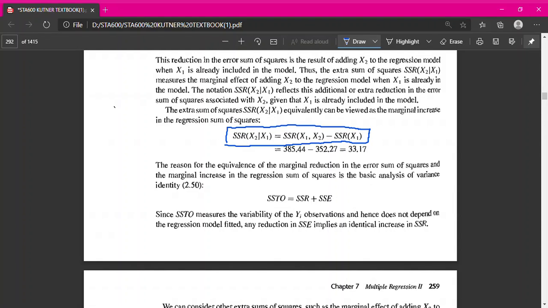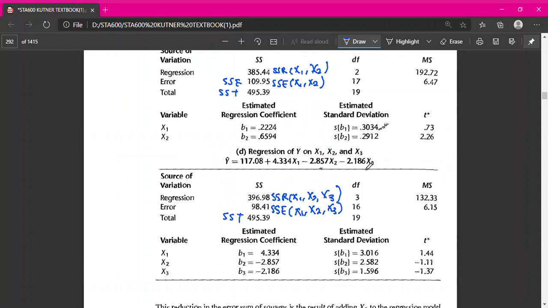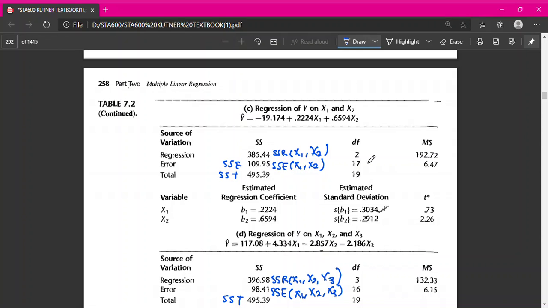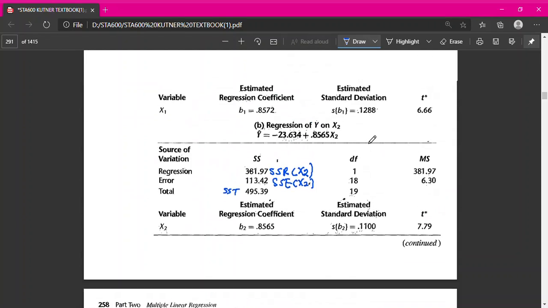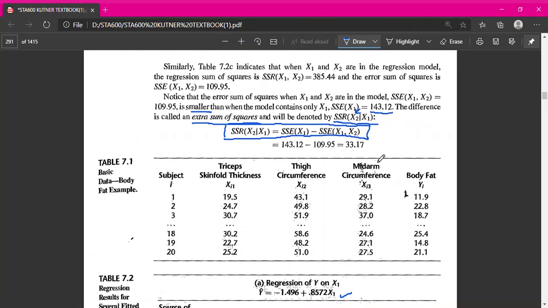Okay, kalau gunakan SSR, SSR X1 X2 minus SSR X1. Okay. Alright. So, you akan dapat jawapan yang sama. Kalau tengok dekat page ni, kan? This one tadi dengan this one. Okay, the answer will be the same, 33.17.